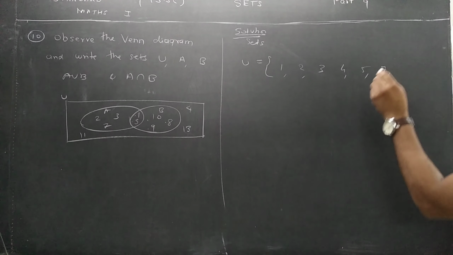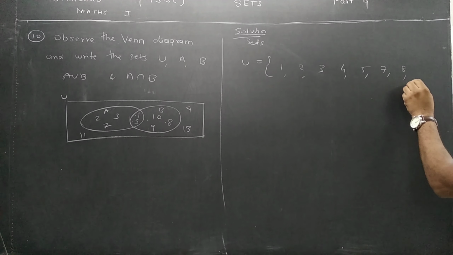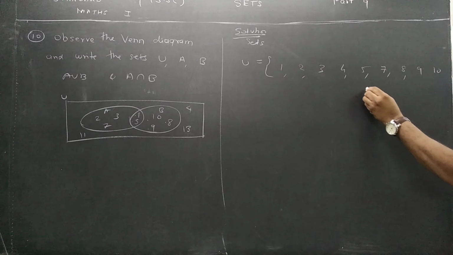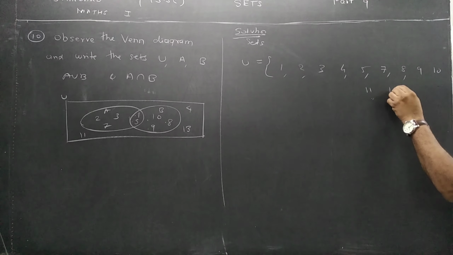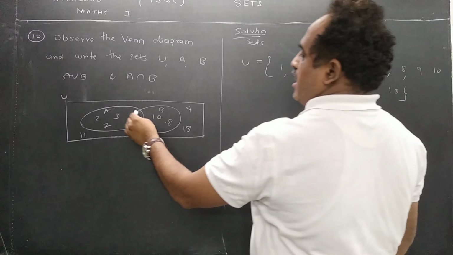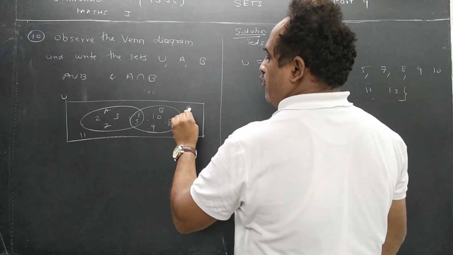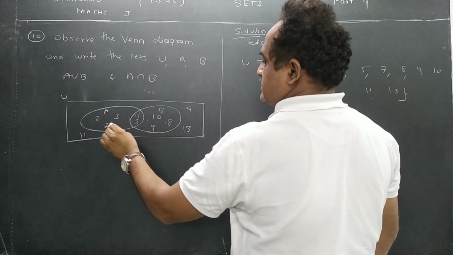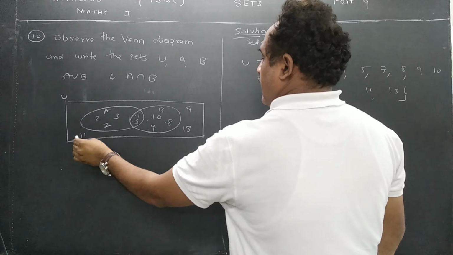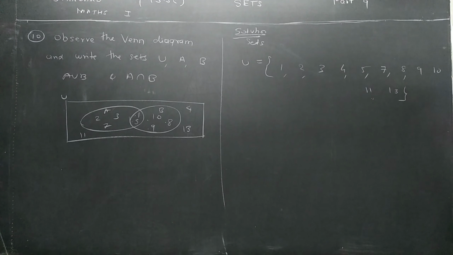Then 8, then 9, 10 is also there, 11 is there, and 13 is there. So I'll check it once again. 1, 2, 3, 4, 5, 6 is not there, 7, 8, 9, 10, 11 and 13. You got it? Have you understood this? Okay.